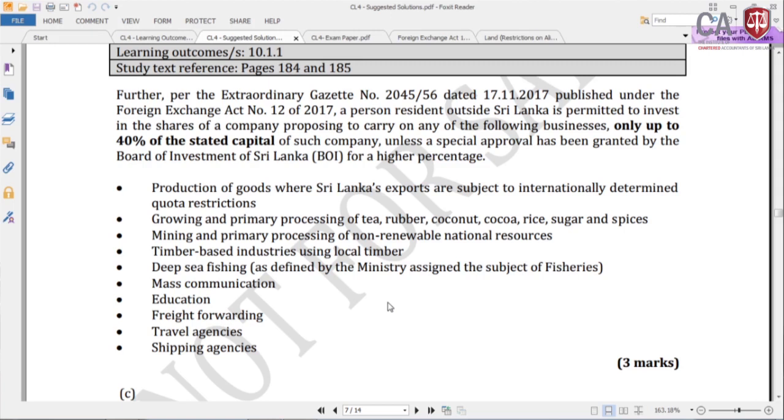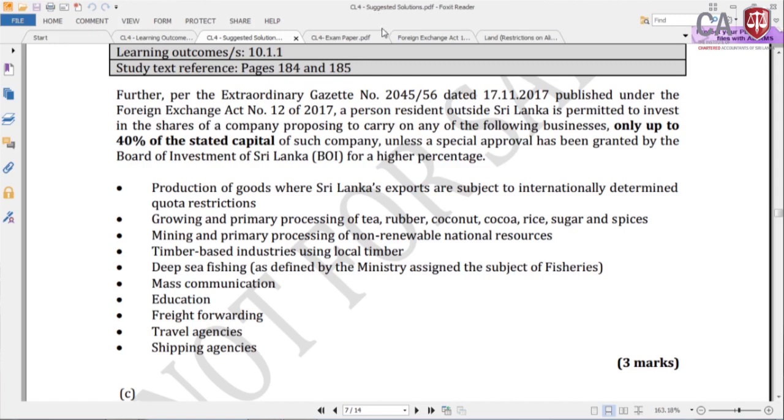Then mining and primary processing of non-renewable natural resources, non-renewable. Then timber-based industries using local timber. Deep sea fishing as defined by the ministry, assigned to subject of fisheries. Then mass communication, then education, freight forwarding, travel agencies and shipping agencies.